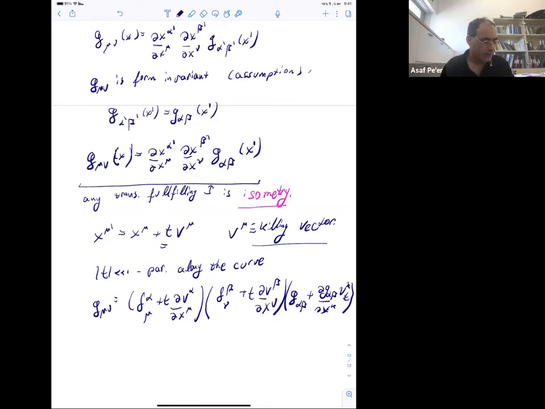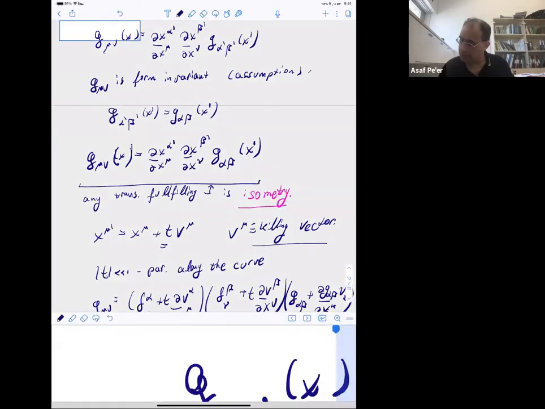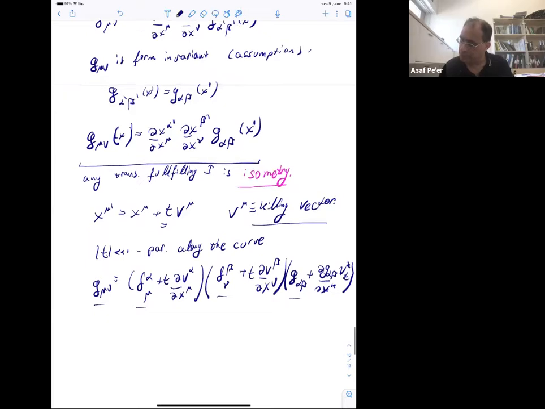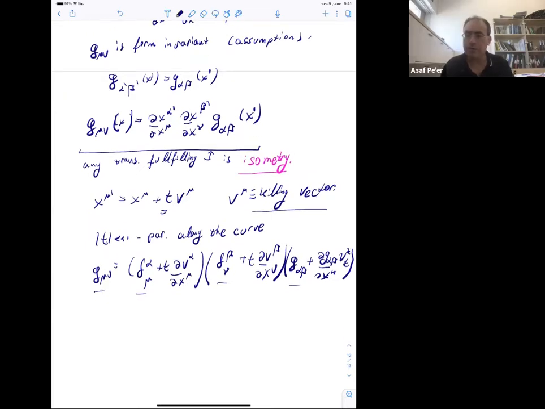Now we can contract. g alpha beta times delta beta nu times delta alpha nu is just g mu nu. So we just keep first order terms in t.